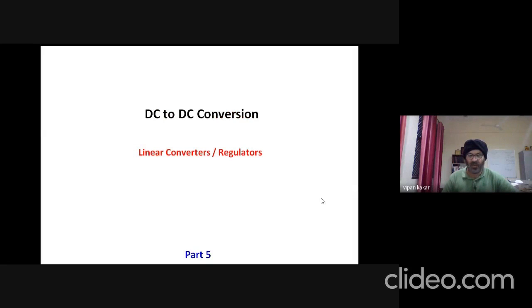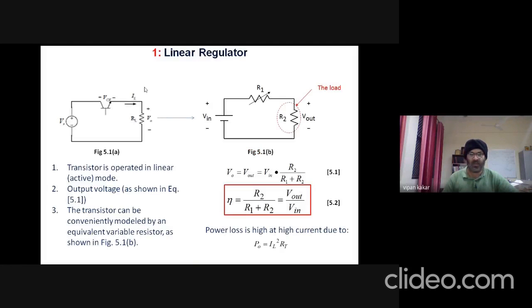So after this brief overview on linear regulators, I will finish this lecture over here and then start with the switched converters in the next lecture. So linear regulator. This is a power source, and this is the load, a speaker or anything in the mobile phone, let's say.